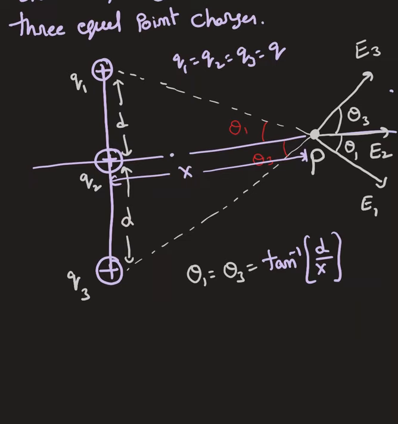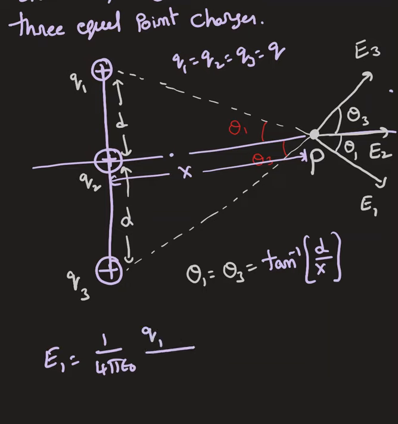Now the electric fields E1, E2, E3. E1 equals K Q1 over R square, but instead of K I'm going to use 1 over 4 pi epsilon naught. Here R is the square root of d square plus x square, whole square.